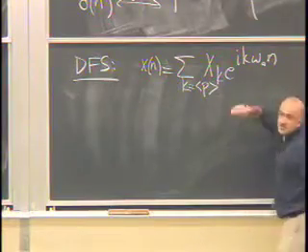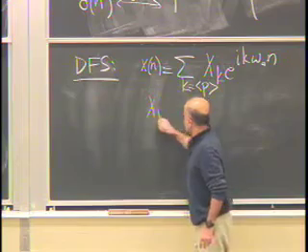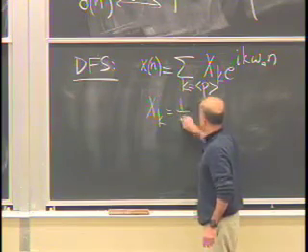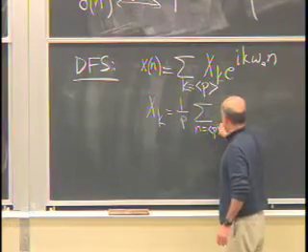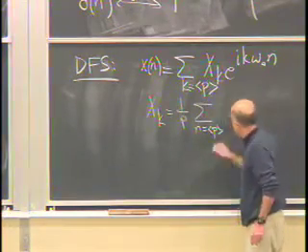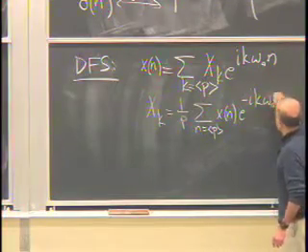So for the DFS, the 1 over p doesn't show up in the synthesis equation. It shows up in the analysis equation: x of n e to the minus i k omega naught n.